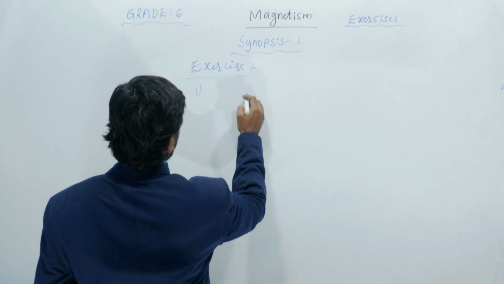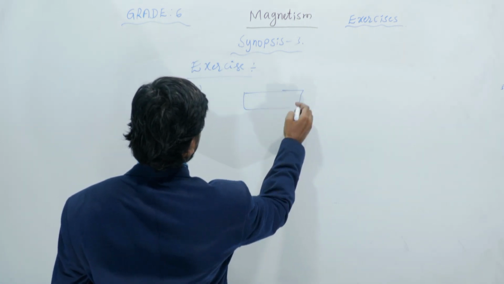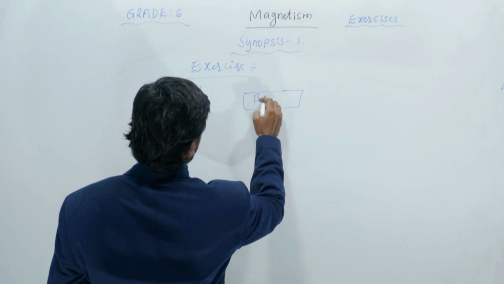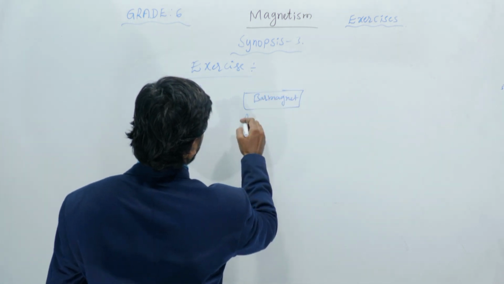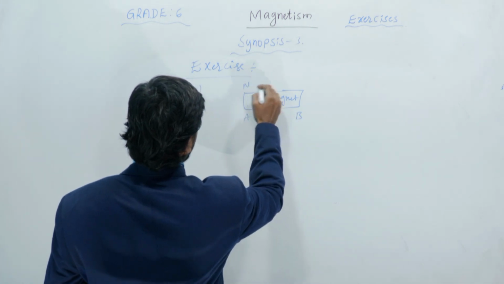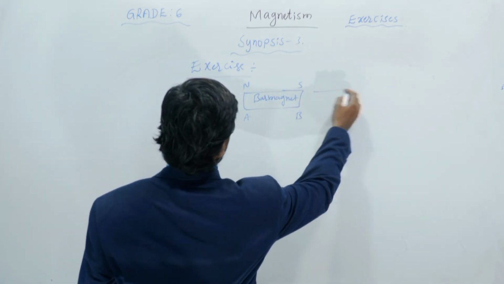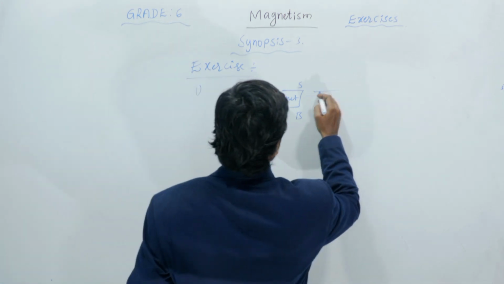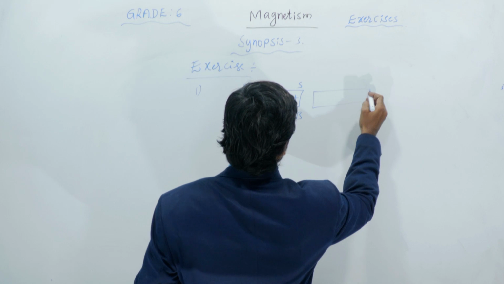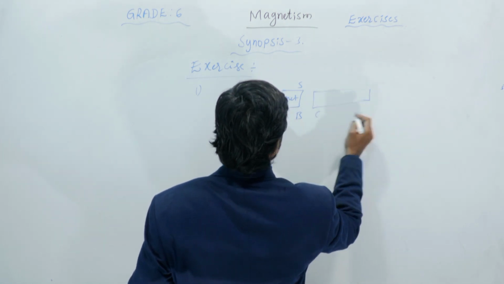In the diagram they have mentioned that this is a bar magnet, and this is a bar magnet. This is A and this is B, given here. It will generally be south pole, north pole, and here there is C and D given.